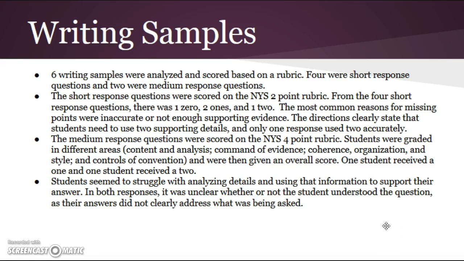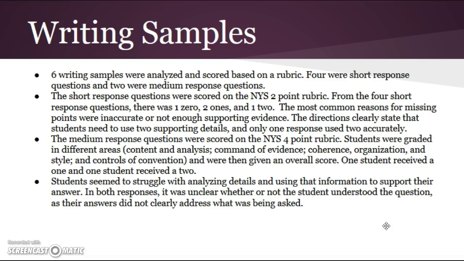We also analyzed 6 writing samples, which were scored based on rubrics. 4 of them were short response questions and 2 were medium response questions. The short response questions were scored on the New York State 2-point rubric, and of the 4 short response questions, there was 1 0, 2 1s, and 1 2, which shows that students were struggling with the writing section of the assessment.